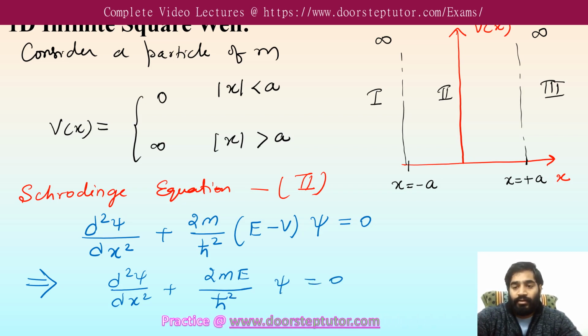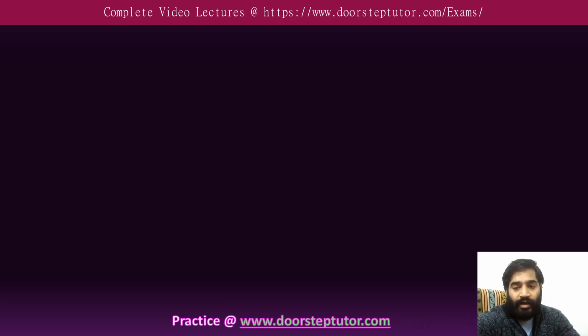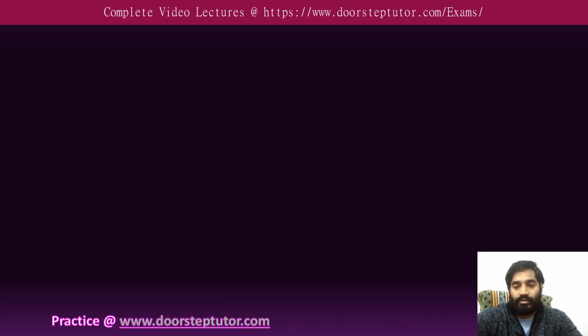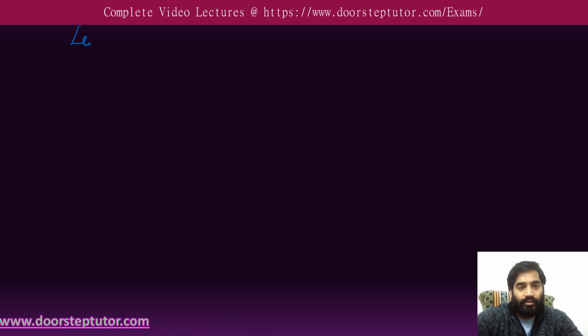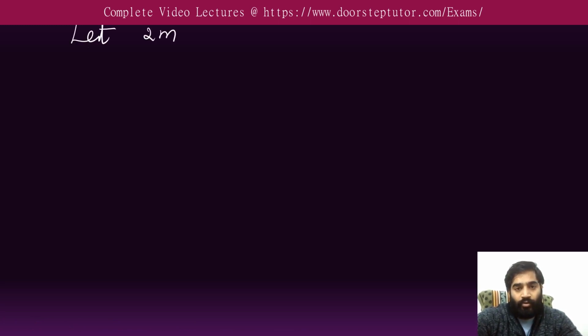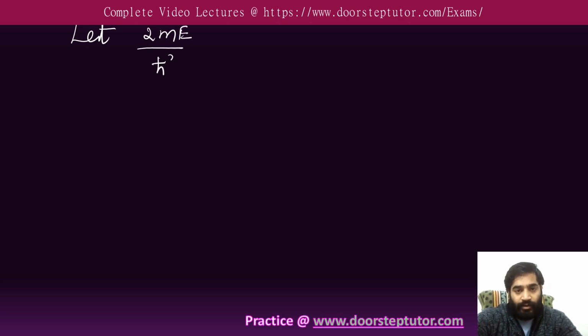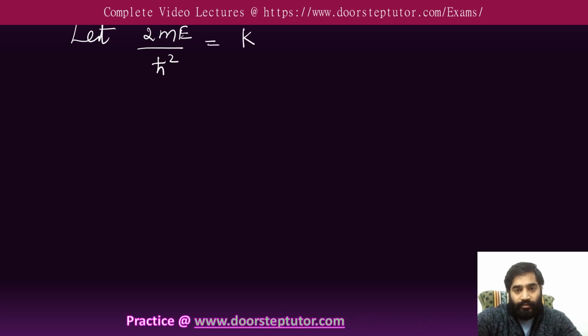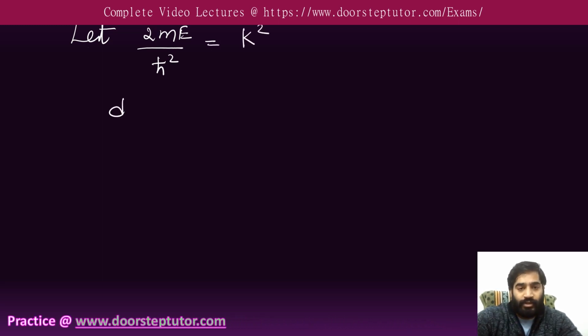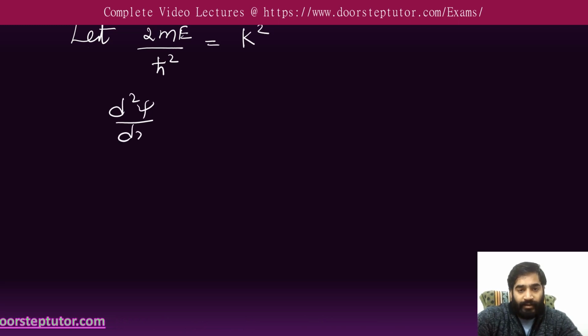Clear? Now we have the Schrodinger equation, and let 2mE over h cut square be k square. Then my Schrodinger equation gets modified to d2 psi over dx square plus k square psi equals 0.